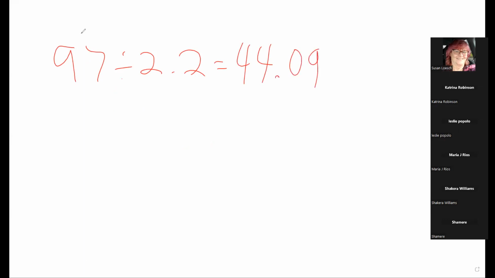So we're going to take our 97 divided by 2.2. That gave us 44.09 kilograms. We're going to multiply that times 10.